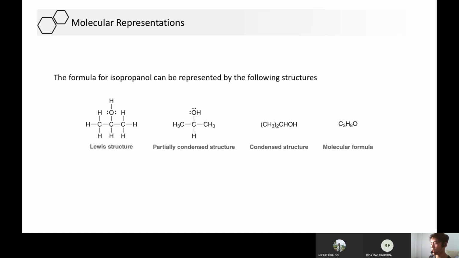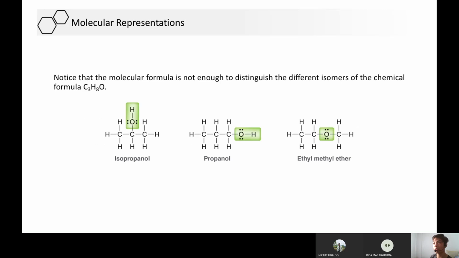Because in organic chemistry, each isomer possesses different chemical properties. So it would be better if we write the isomer that we need. So how do we address this? If our molecular formula needs to be expressed in terms of the isomer, we use the Lewis structures.